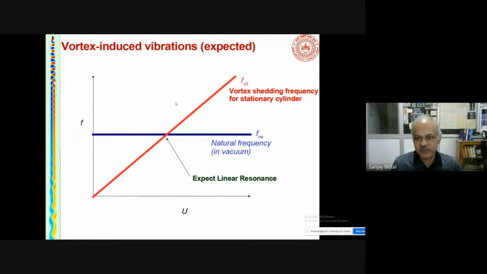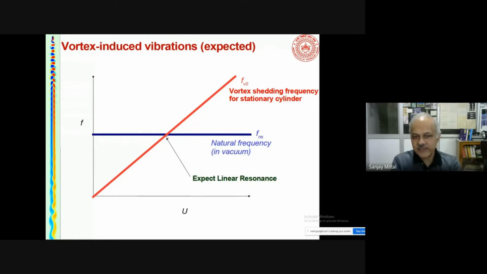So if you did f_v0 times D divided by U, that would be a constant over the entire speed. But the frequency itself increases linearly. The natural frequency is, of course, constant. That does not depend on the speed. So there would be one point where you expect resonance.